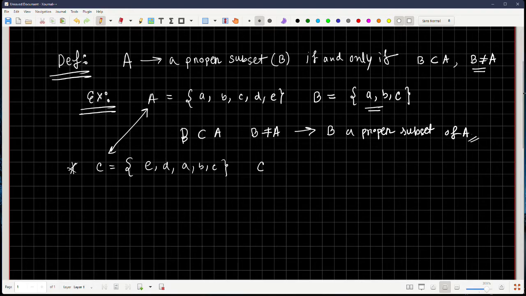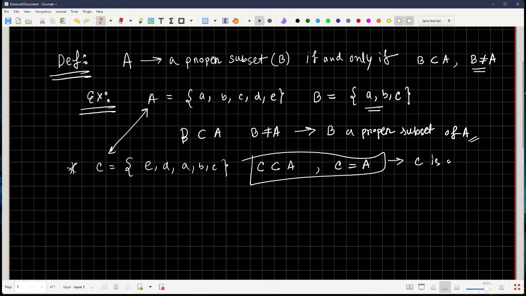You can say C is a subset of A, but you also see that C is equal to A. So we say that C is a subset of A, but it is not a proper subset of A.